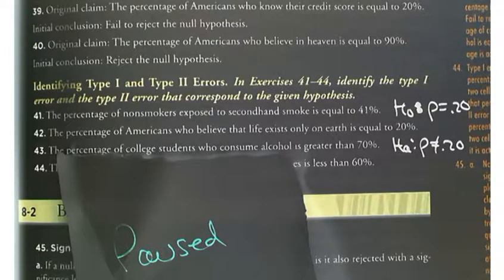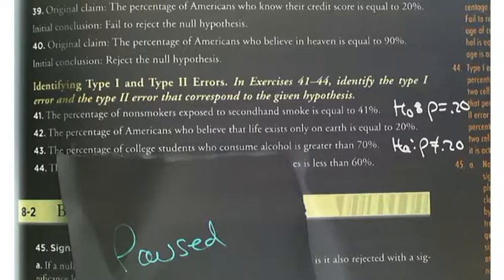Okay. So, does anyone want to give it a shot for the type 1 error? What would a type 1 error be in this case? Data confirms that the percentage of Americans who believe that life only exists on Earth is equal to 20% when actually it is not. Sounded reversed.